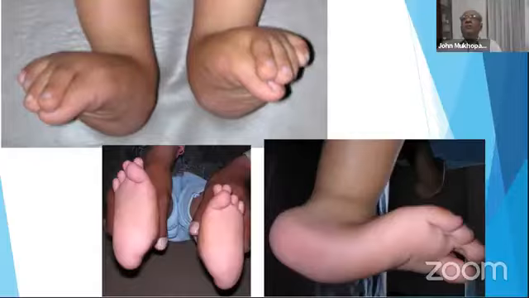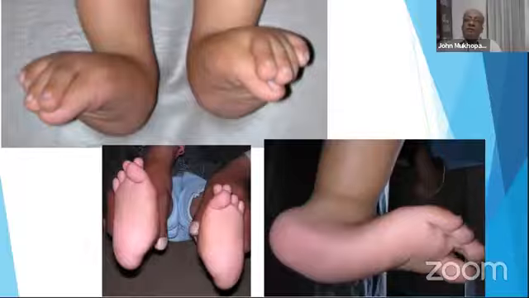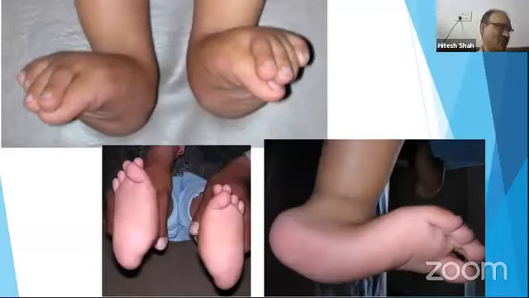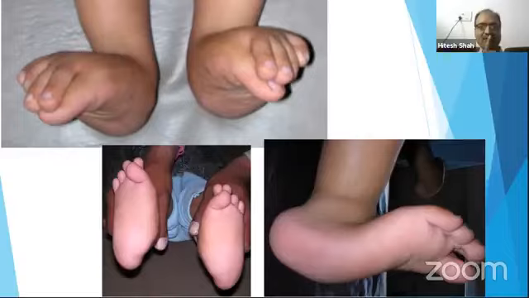Sir, a round-shaped sole. Sphere means a full circle, so you say convex? Convex, yes. But you said metatarsal adduction. Is it a metatarsal adduction? You said the first one is metatarsal adduction. Is it adduction?